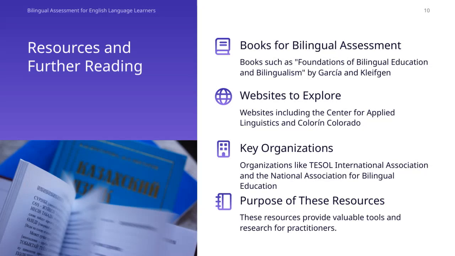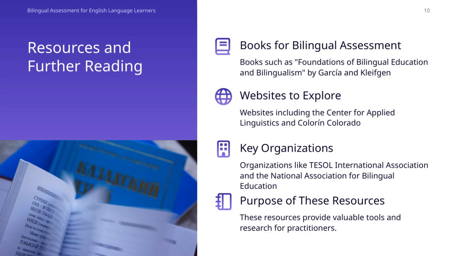When it comes to bilingual assessment, there are several excellent resources that can deepen your understanding and support your work. A great starting point is books like Foundations of Bilingual Education and Bilingualism by Garcia and Baker, which offer comprehensive insights into the field. For ongoing learning and up-to-date information, websites such as the Center for Applied Linguistics and Colorín Colorado are invaluable.